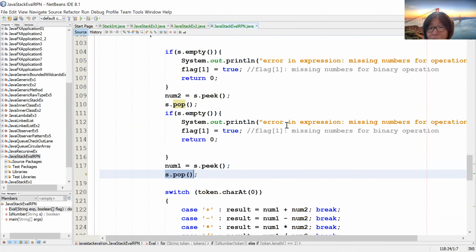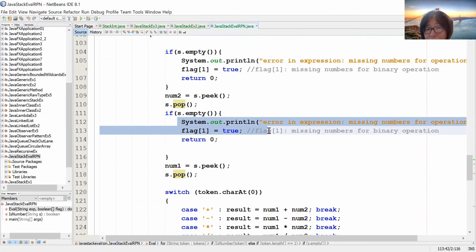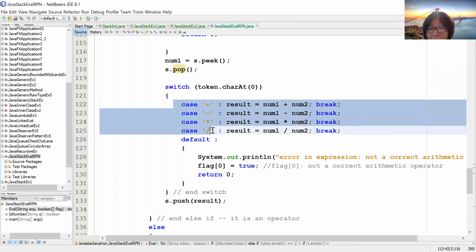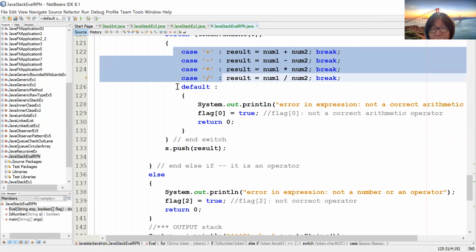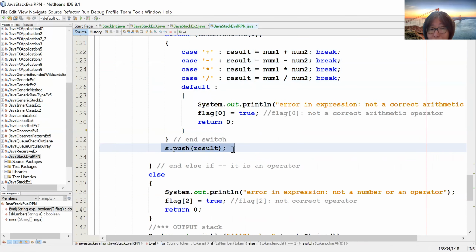And in case your postfix expression is not correct, over here we also report the error, okay? After you get those numbers, you can apply whatever the operation is, plus, minus, multiplication or division. And if your postfix has some wrongdoing, it will also report an error, okay? Then next we push the result back.